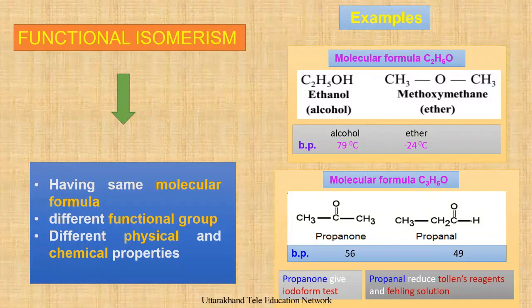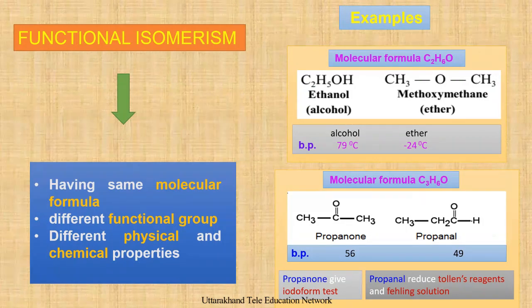And propanone and propanal are functional group isomers with the molecular formula C3H6O. Both propanone and propanal have dipole-dipole interaction between the molecules, and propanone has a slightly higher boiling point as a result of higher dipole moment than propanal.